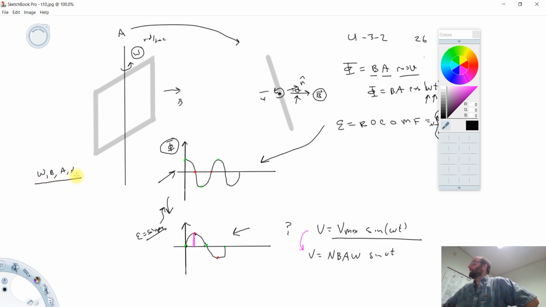So the maximum voltage is equal to this product, NBA times omega, times sine omega t. Number of wires times field strength times area times radians per second. This will come out to voltage. Now this question says something about what is the maximum voltage. That's this product here. So kind of a long-winded explanation, but again, this is important stuff here.